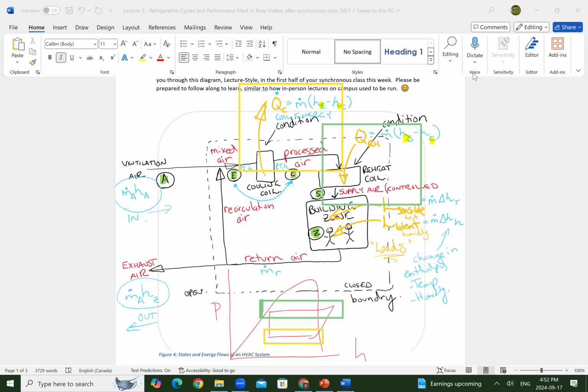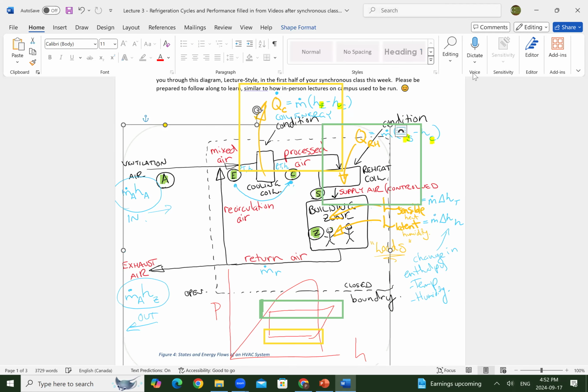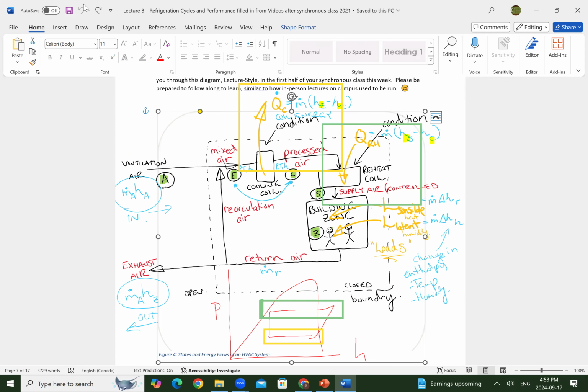So it's important to note there that I am working at the top of this curve. I'm going to go from a higher enthalpy to a lower enthalpy, right? And I'll just try to draw that for you. From a high enthalpy to a lower enthalpy here, and pressure hasn't changed.